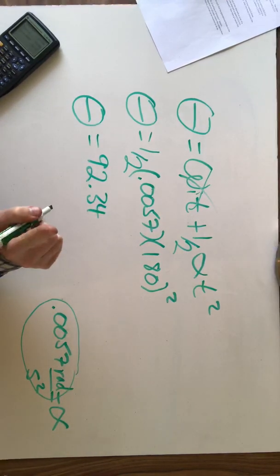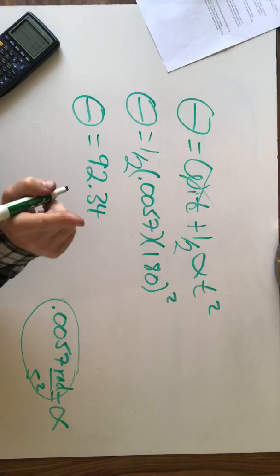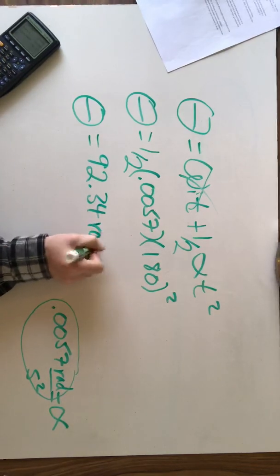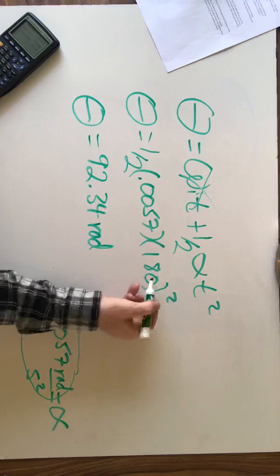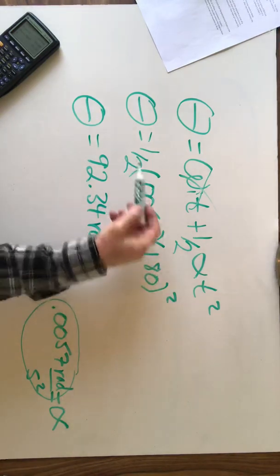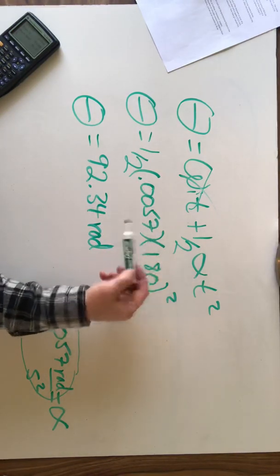What are my units? Very good, Billy. Radians. Time was in seconds, and this is in radians per second squared.